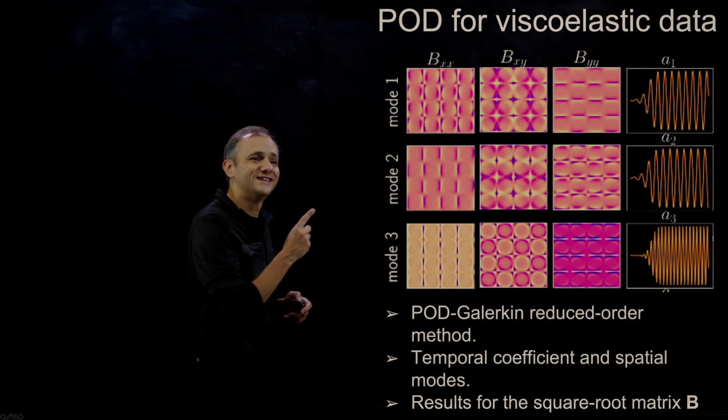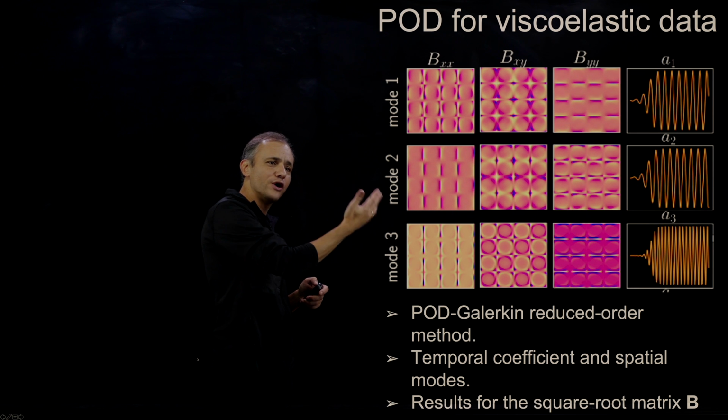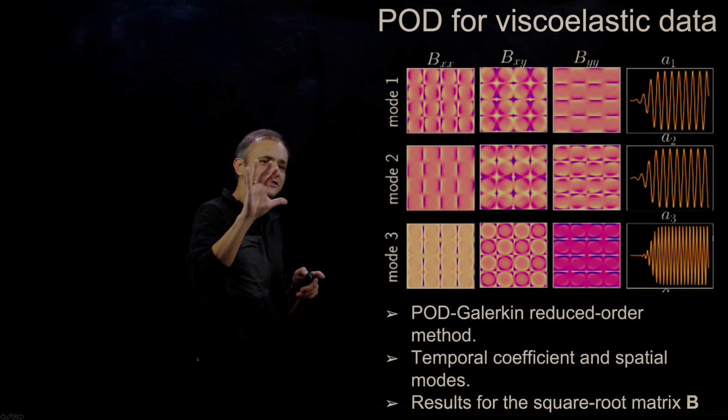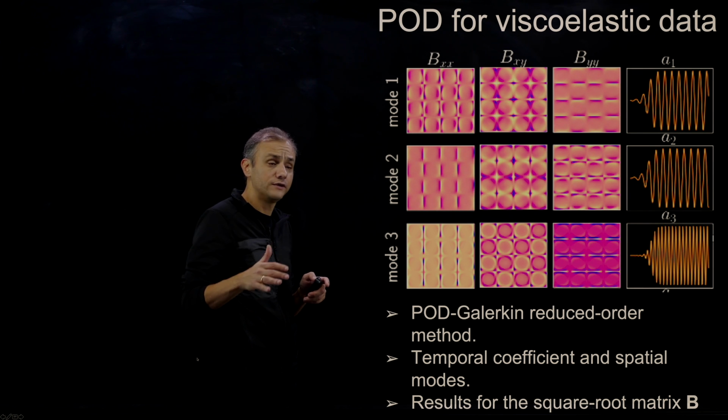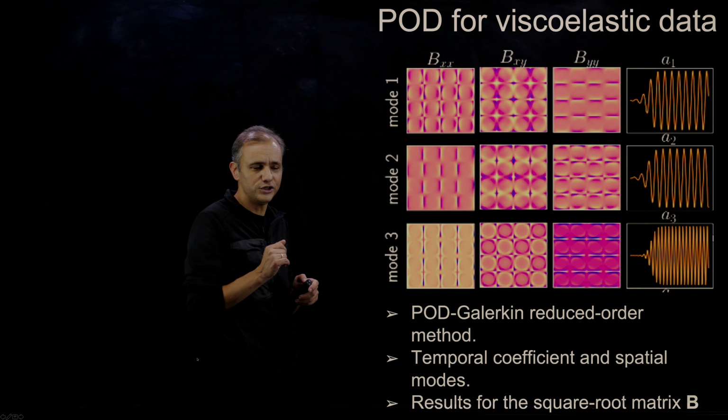If you look at the POD modes, the spatial modes, and the temporal coefficients, you can see some variation in space for the first, second, and third modes, and also this oscillatory behavior for the temporal coefficients.